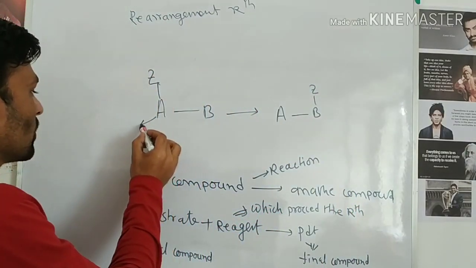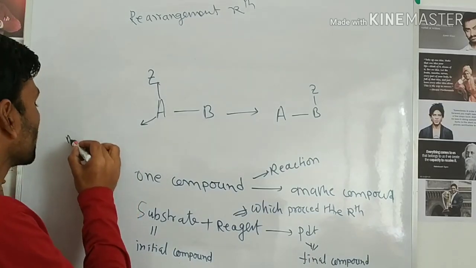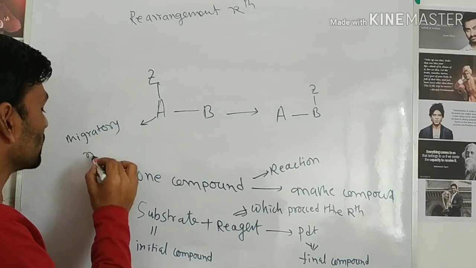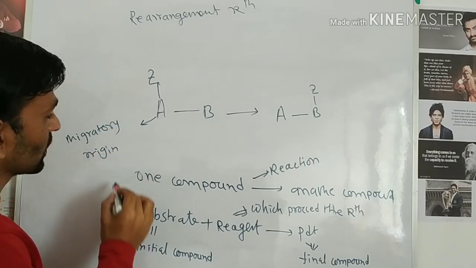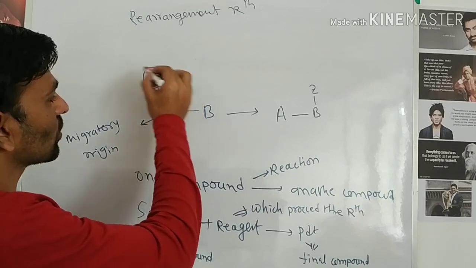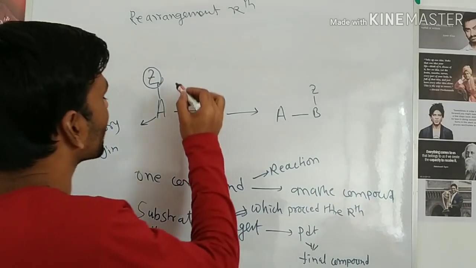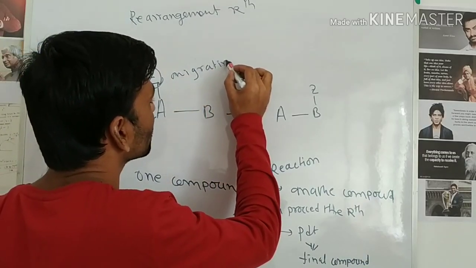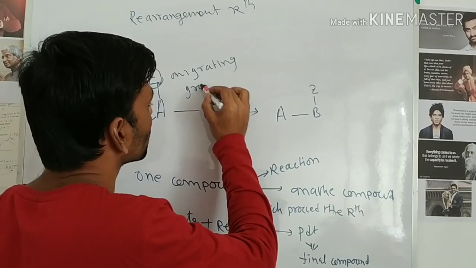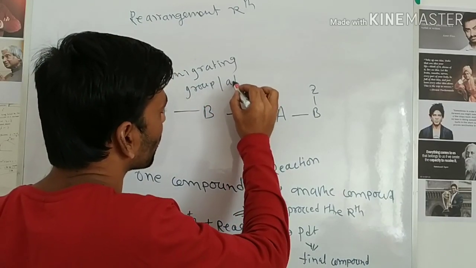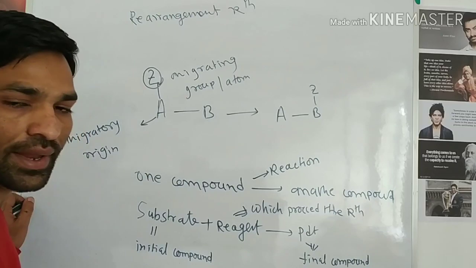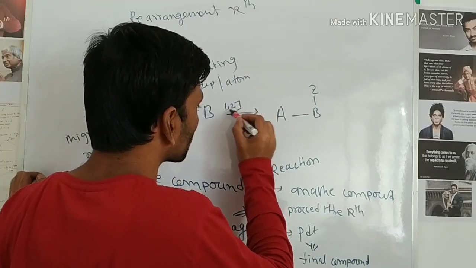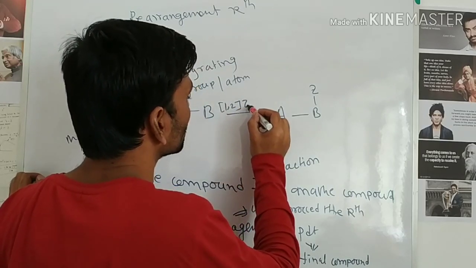A is called the migration origin, and Z is called the migrating group or atom, and the abbreviation is 1,2 shift.